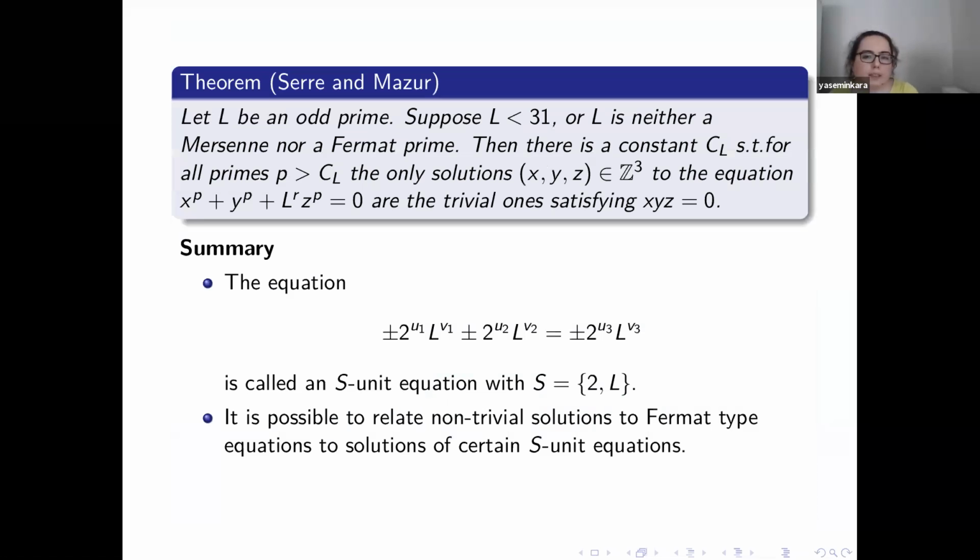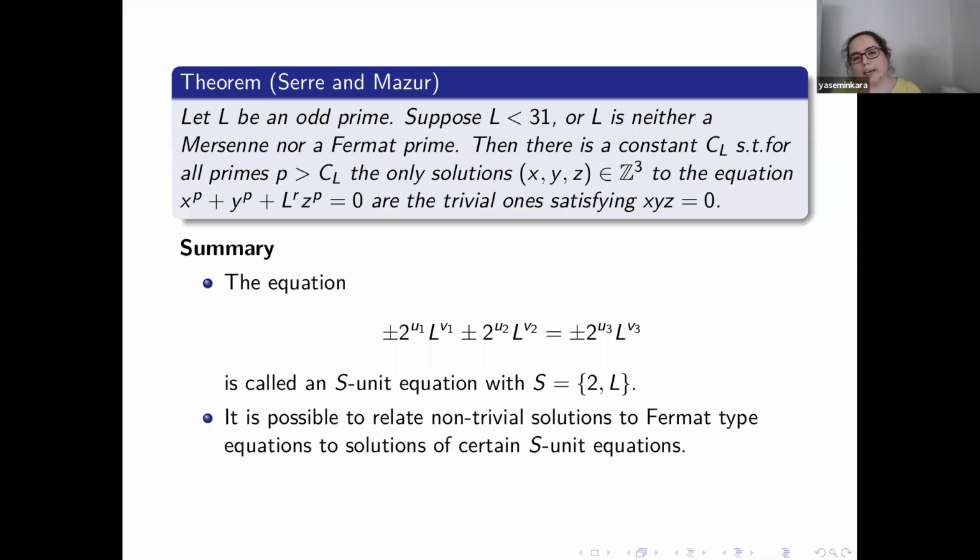And in this case, this equation, 2 to the U1, L to the V1, plus or minus 2 to the U2, L to the V2 is equal to plus or minus 2 to the U3, L to the V3, is called an S-unit equation, where your S is 2 and L. I will explain what an S-unit equation is in a minute.